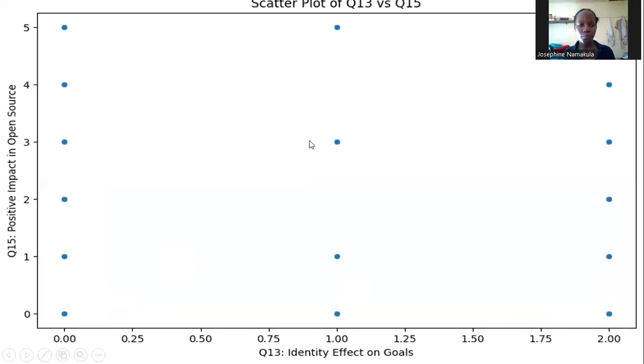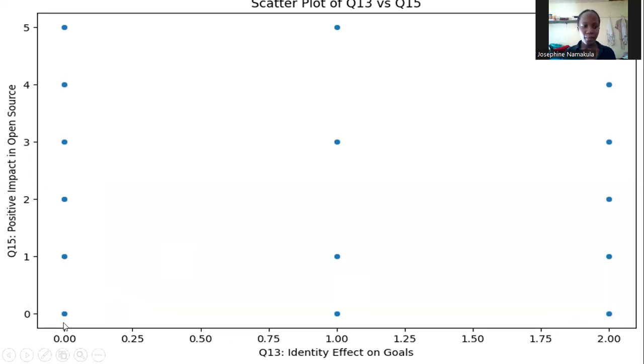So I find a pair plot, and this is a scatter plot. It is plotted with question 15, positive impact on open source, against identity effect on goals.